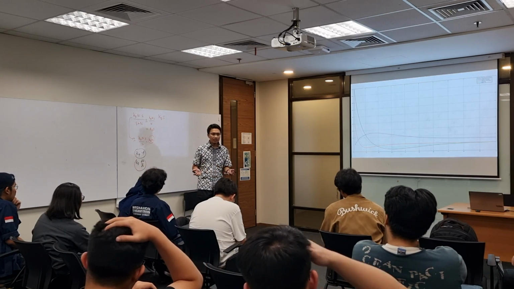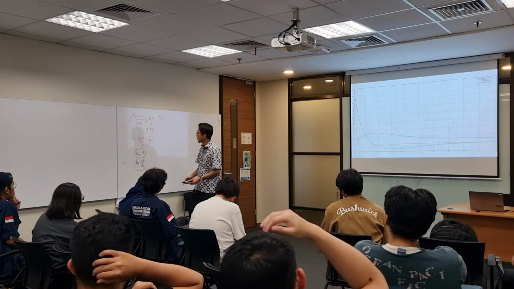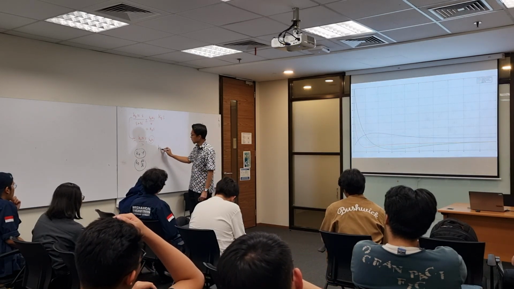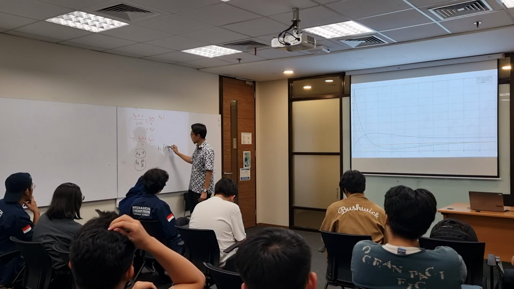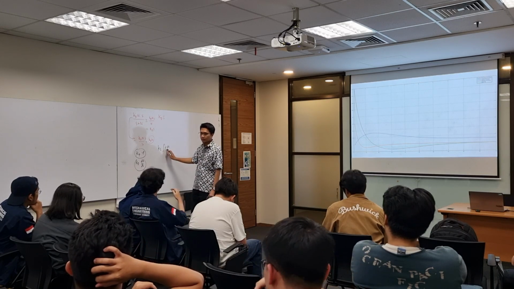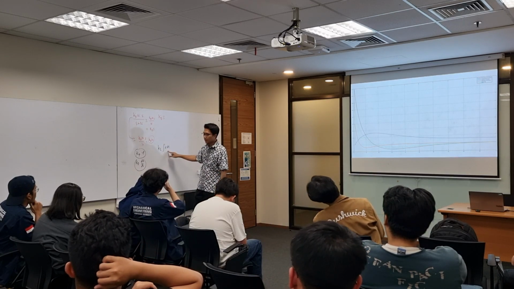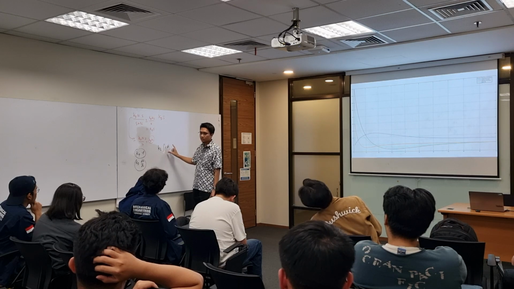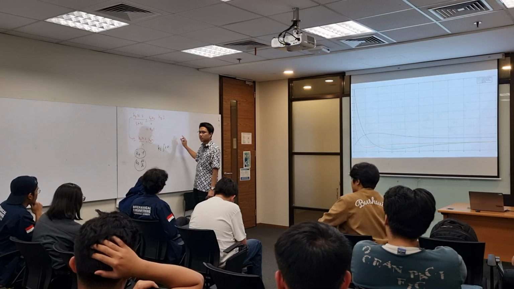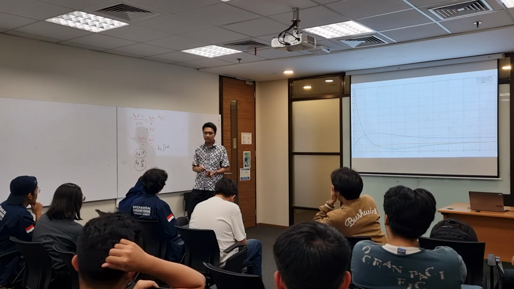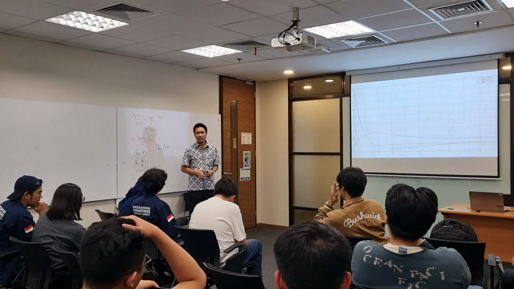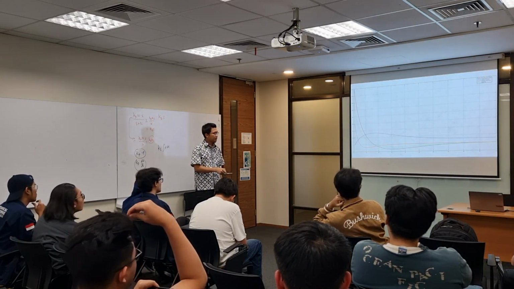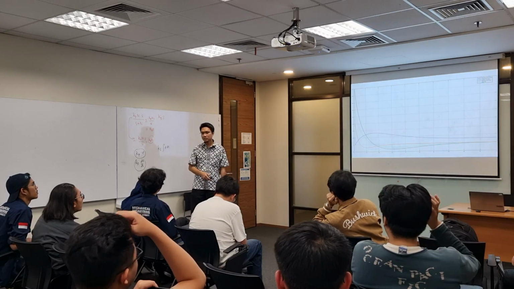Meanwhile, if it is integral, then what you are doing is integrating the error. When you integrate the error, this value will not become 0. So it will still be there, and that is exactly what is needed to counter the disturbance.